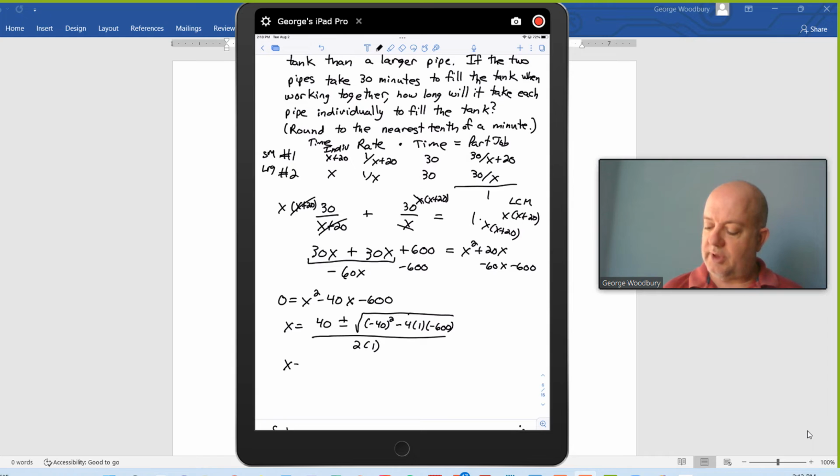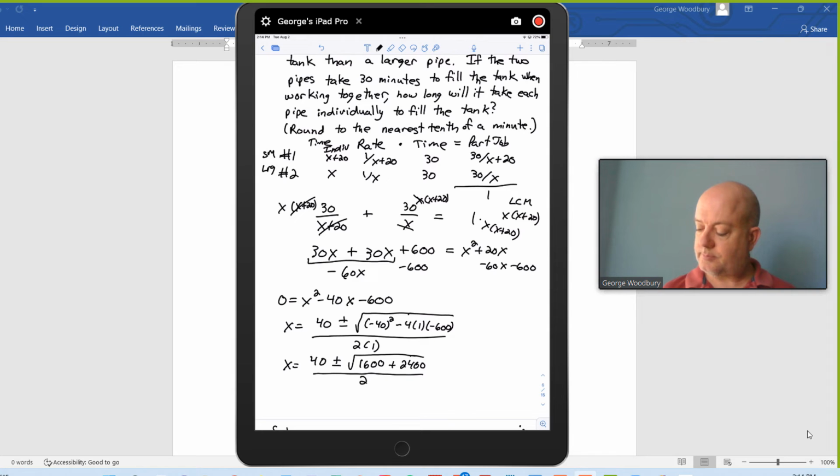Let's simplify within the radical first. X equals 40 plus or minus square root. Negative 40 to the second power is positive 1,600. And negative 4 times 1 times negative 600 is plus 2,400. And that's all going to go over 2.